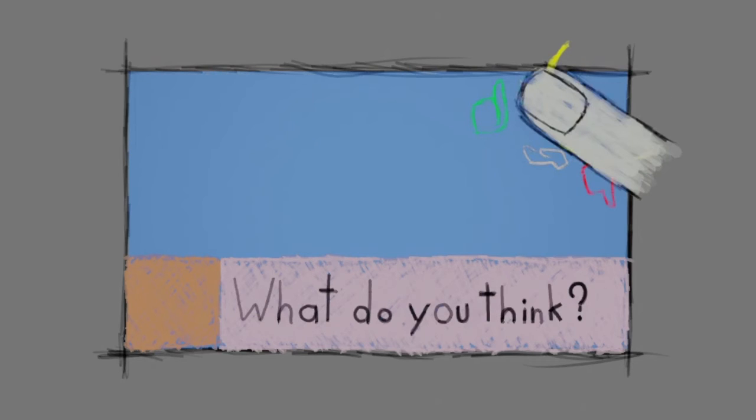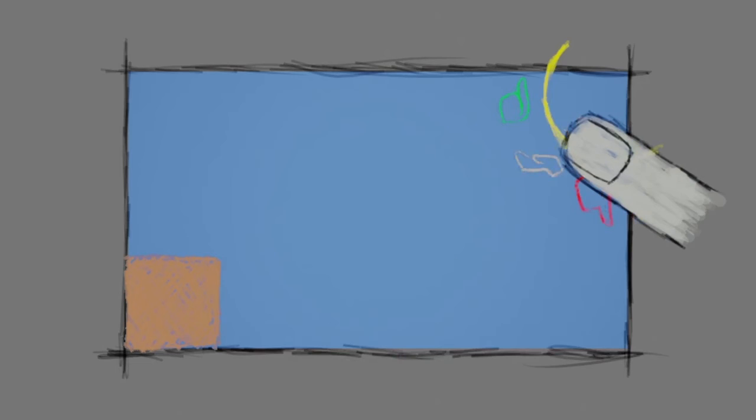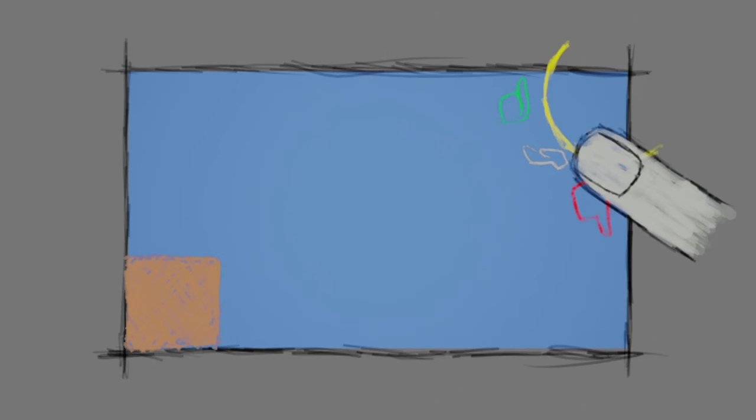Now the NPC is asking for an opinion. What do you think? It can be a positive opinion, a negative opinion, or a neutral opinion. In this occasion, the player will select the neutral opinion. However, if the player hovers and keeps the option selected, it will show what the player will be saying.